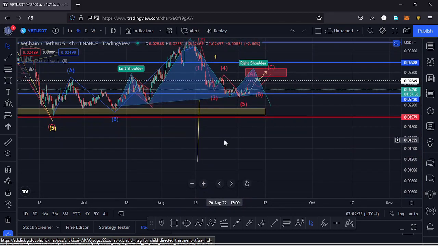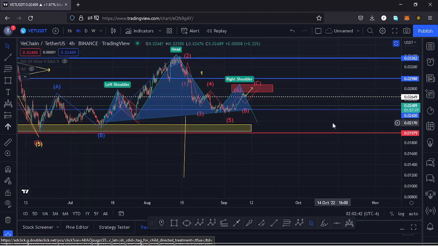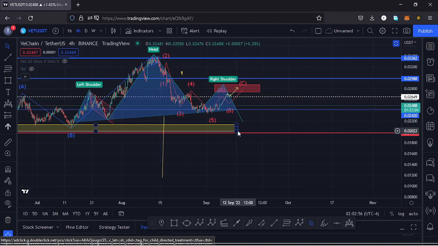And that movement, if we manage to break out of that head and shoulders, that might give us a breakout to around the $0.01148 mark. And in case that plays out, then we can say that we have a new low for Vechain, and maybe the low is in, and we can expect higher prices, which might be taking us back to an all-time high. So let's be patient and see how that plays out.